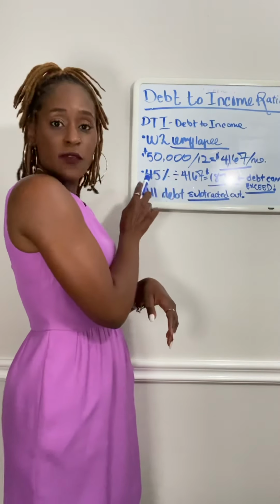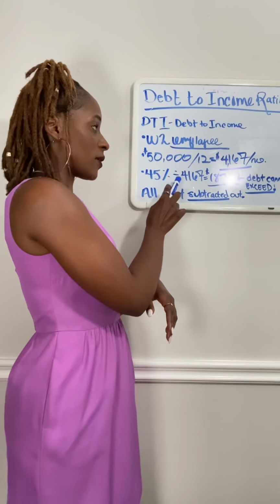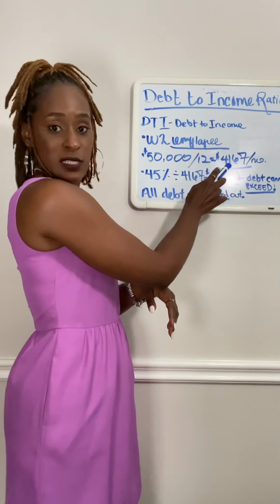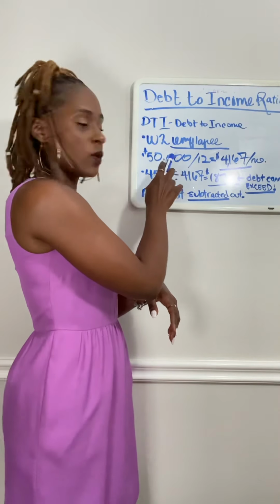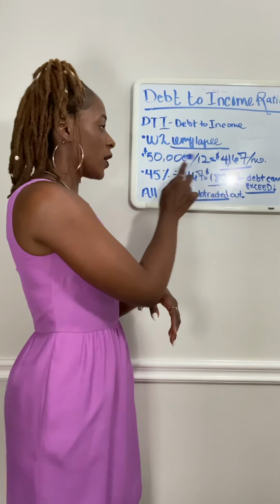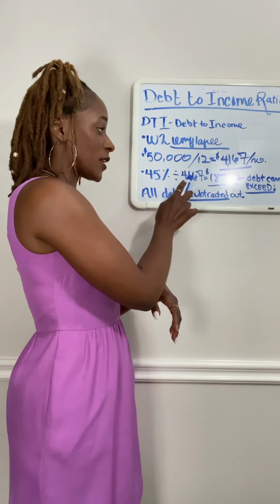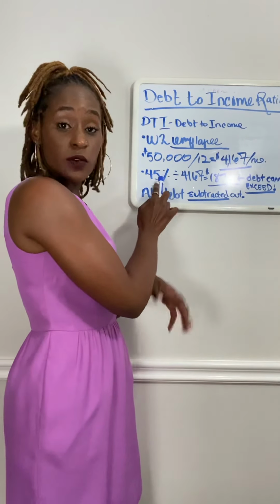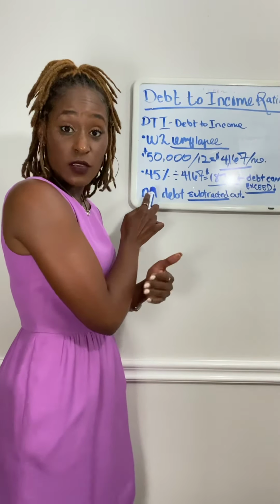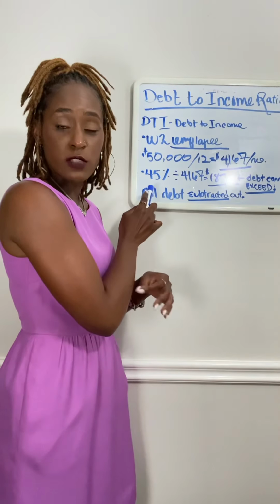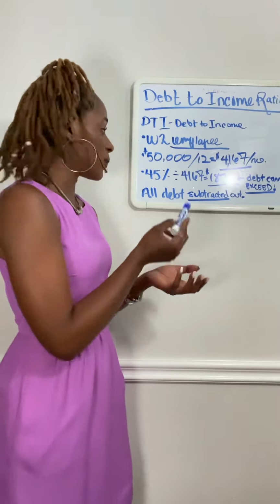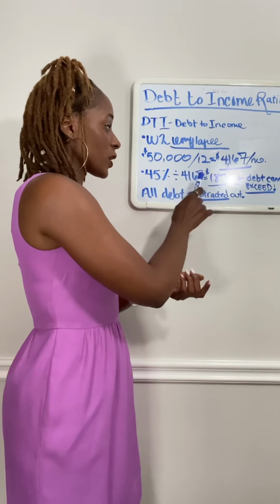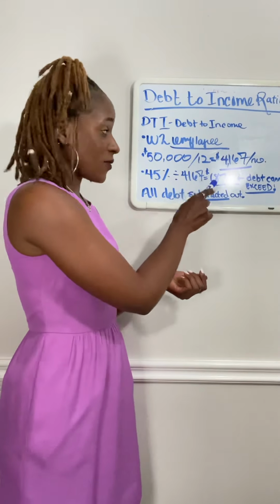So you take your salary divided by 12, you take that sum and apply 45%, or whatever percentage they use. You want to make sure you're clear on what they use prior to running your numbers. But usually it's 45%, and you get 1,875.